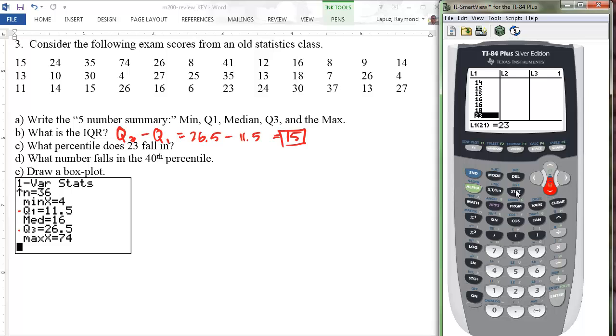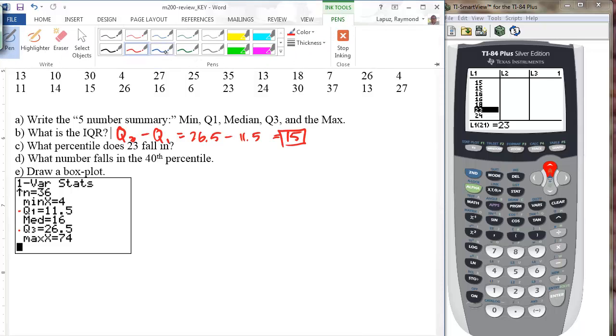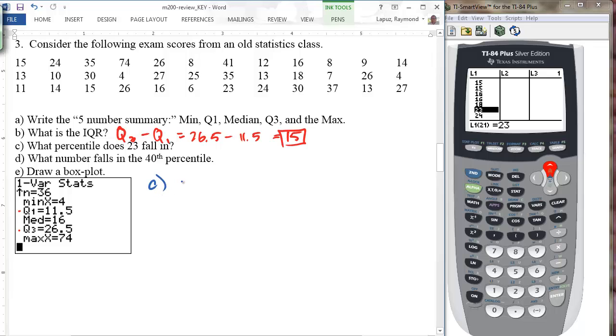Alright, to answer our question, what we want to do is look at where 23 falls. It looks like it's in the 21st position. So let's make a note of that. 23 is in the 21st position, and remember that there were 36 total numbers.